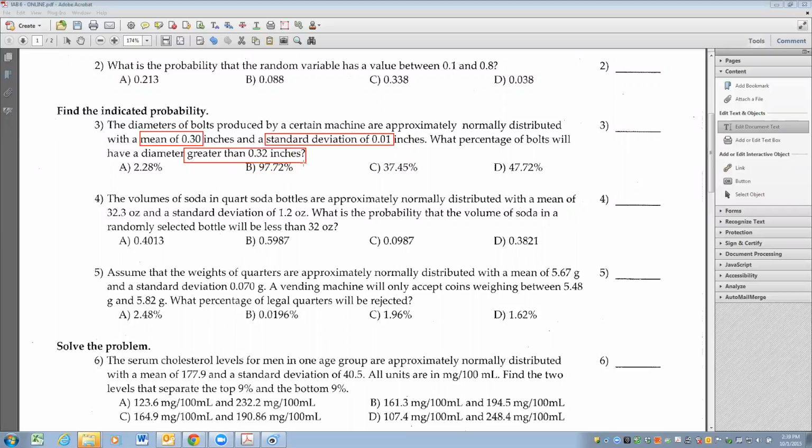So we're looking at greater than 0.32. In this type of problem, the 0.32 would be an x value, the mean would be a mu value, and the standard deviation would be sigma. And you'll do like we did in the last example in the example video to come up with a probability there.